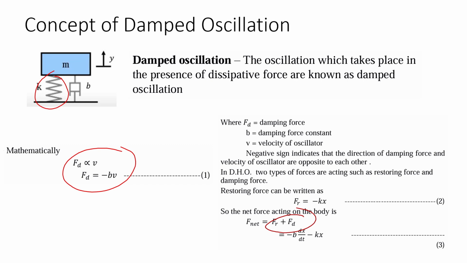So the total force becomes F_net equal to minus b dx/dt minus kx. This equation captures both the spring pull and the damping effect. In short, damped oscillation is motion that fades over time due to energy loss, like a swing that slows down without anyone pushing it.